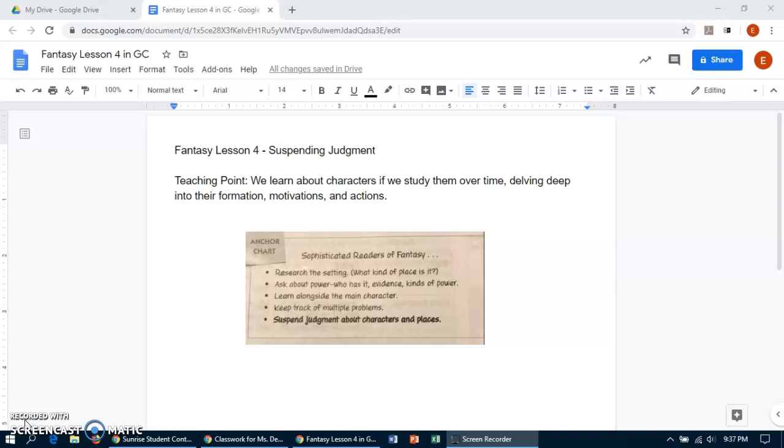So, as you continue reading your book club book, I just want to remind you that it's so important to suspend judgment while you gather information and evidence and analyze them. And make sure that you're ready to reconsider your characters, to continually observe them and analyze them, and be open to rethinking your characters.